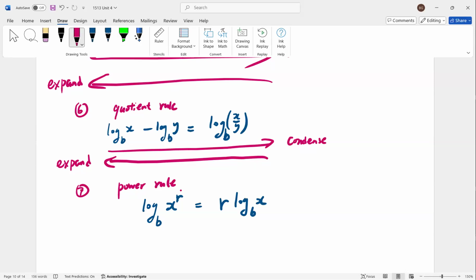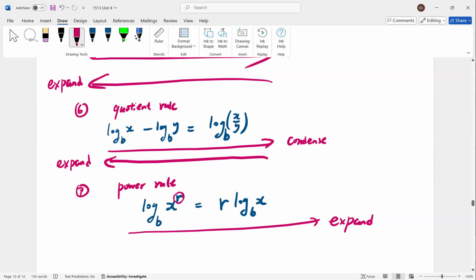So this exponent in the argument can be taken out and put in front of the remaining log. That's when we need to expand. So this time, from left to the right, we expand.